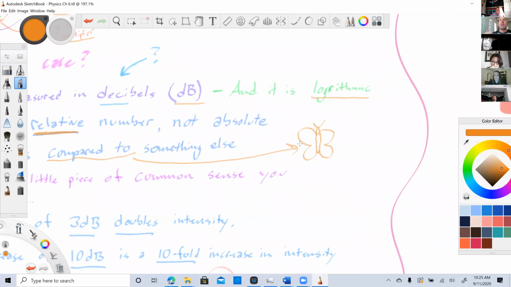And so we think of decibels as being an absolute value because everything's compared to the sound of a butterfly, but it doesn't necessarily mean that.